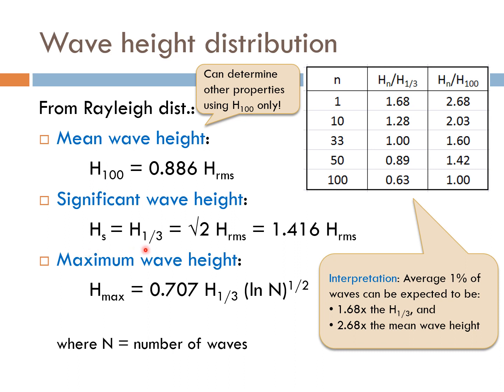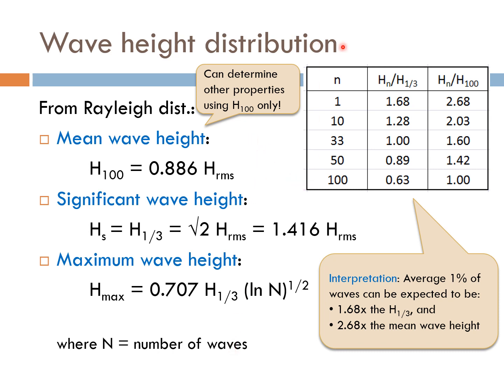The significant wave height, the H1/3, generally is square root 2 times H_RMS, which is basically 1.416 times H_RMS. And the maximum wave height usually is given by this expression, where n is the number of waves observed in the data.